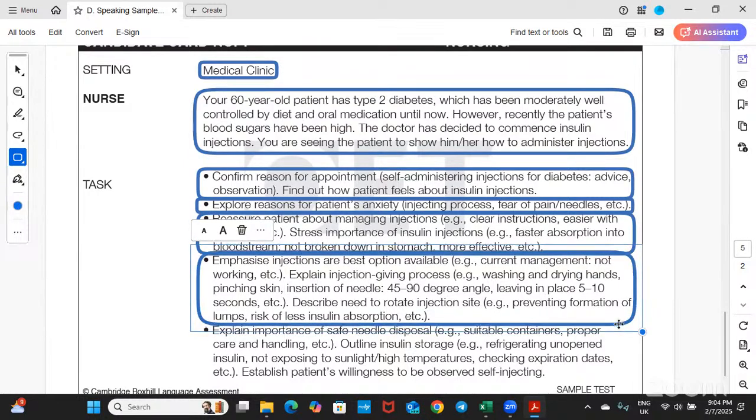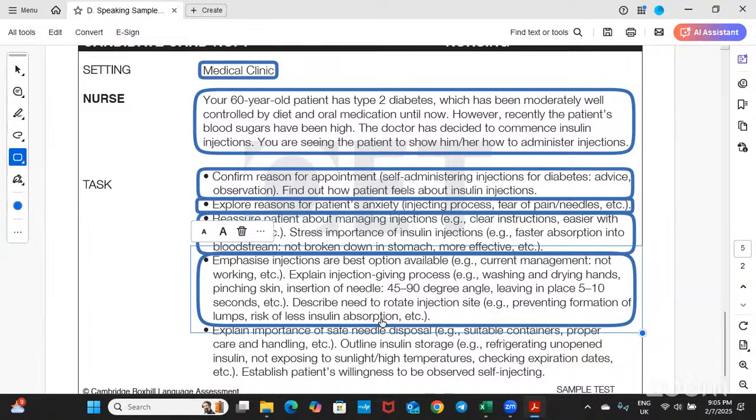Then next one, lumps, risk of less insulin absorption. Now here, the insulin giving process, straight from washing and drying hands, pinching skin, inserting needle at 45 to 90 degrees and leaving it there.